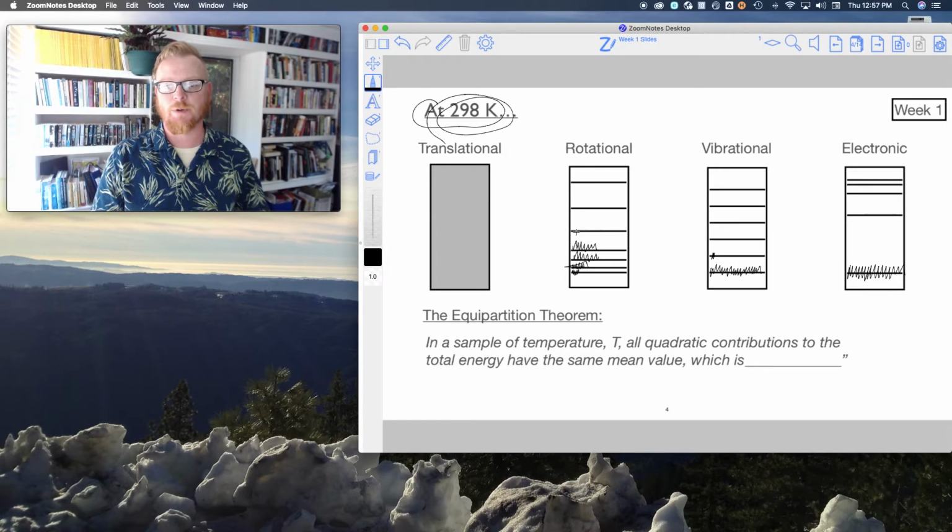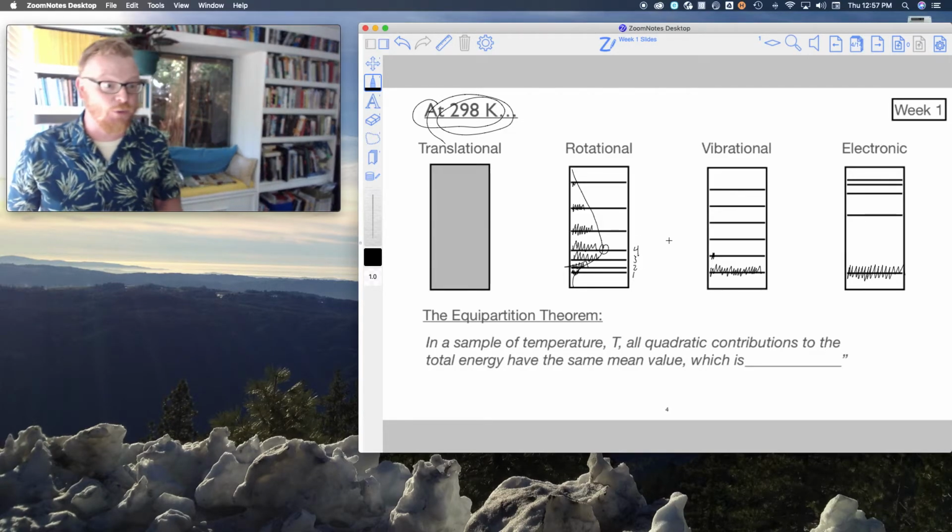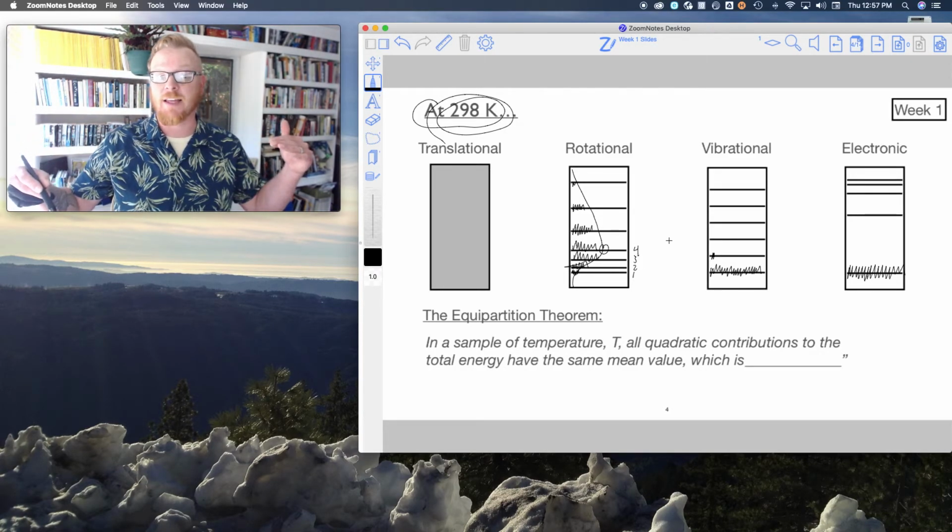Hopefully these little scribbles I'm doing make sense. If I scribble all the way over, that means the level is completely populated. So the rotational levels will actually have some kind of distribution where there will be some peak energy level, maybe 1, 2, 3, 4. Perhaps the 4th level of the rotations will be the most populated level.